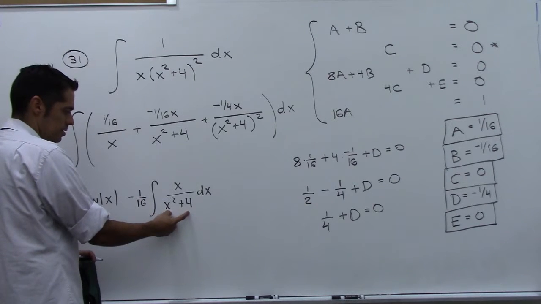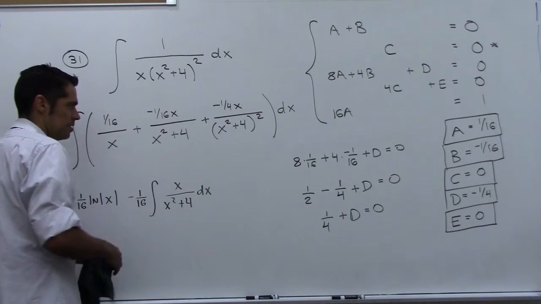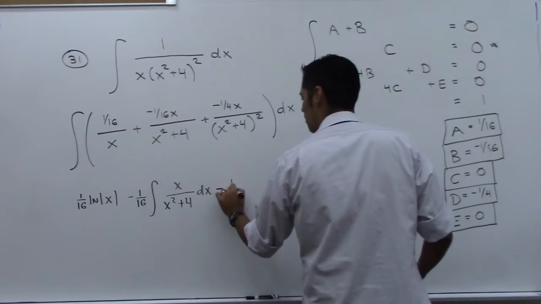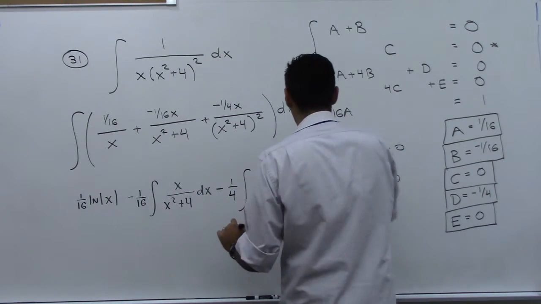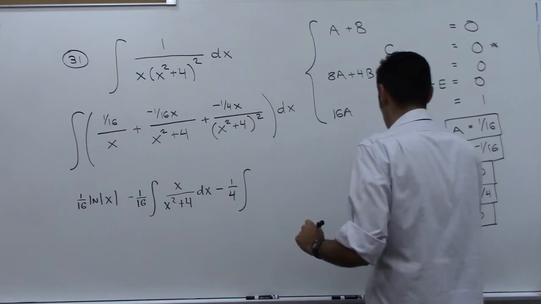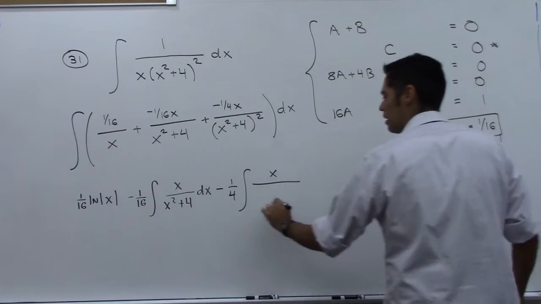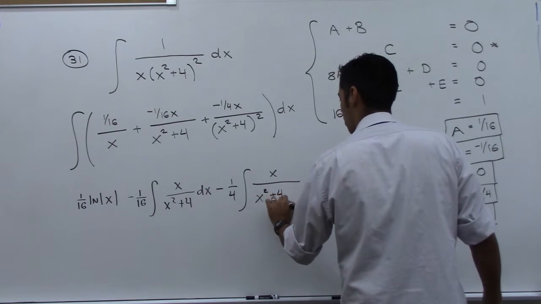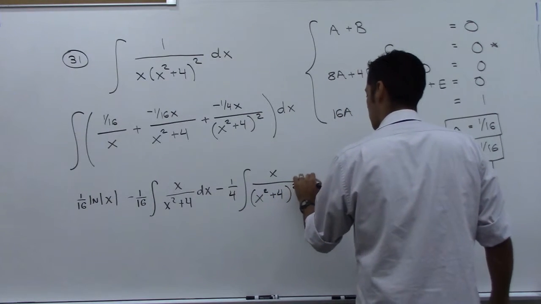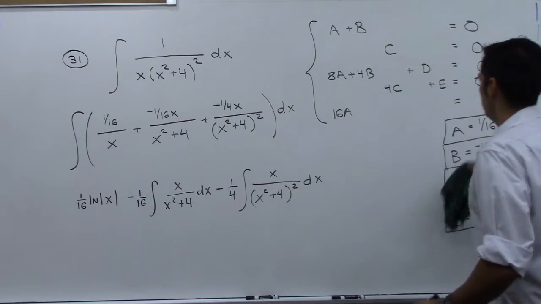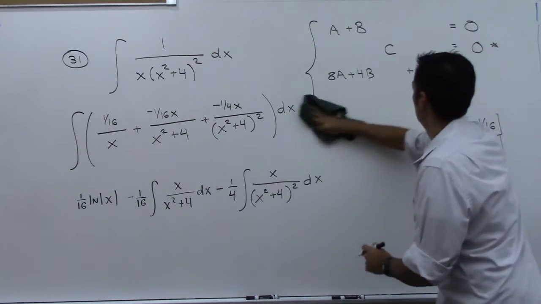U will be this. The derivative of that is up here. We're off by a sign or by a constant. That's okay. The next one, I pull out a negative 1/4 integral, and then got x over the x squared plus 4 squared dx. And again, if I let u be the bottom, derivatives up top, that should work out pretty nice.